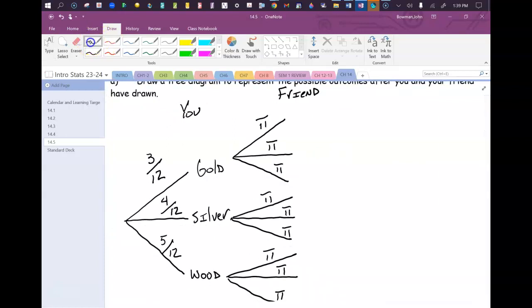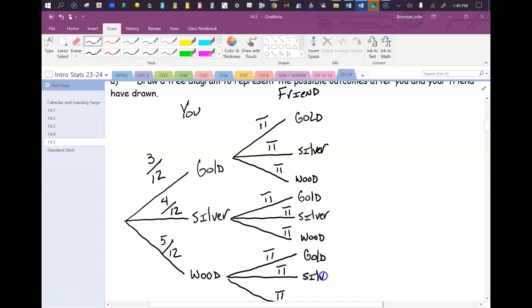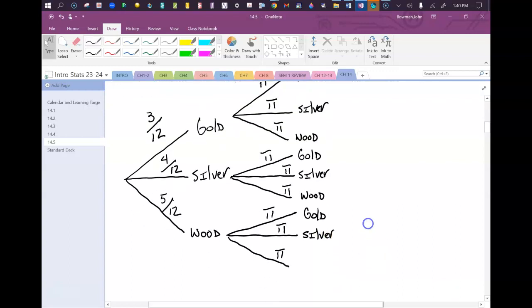So let's write down gold, silver, and wood, the 3 possible outcomes regardless of what you draw. Silver, wood, gold, silver, and wood.